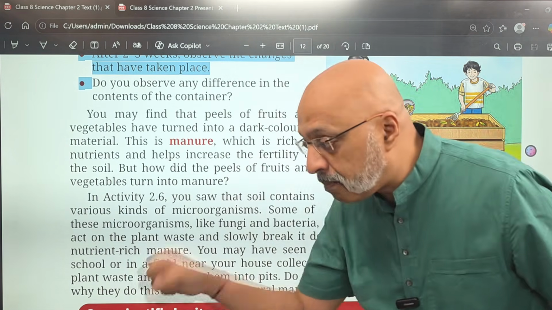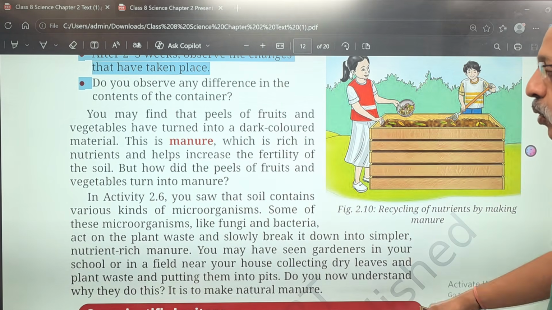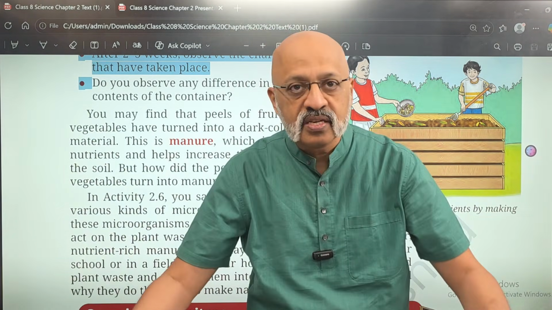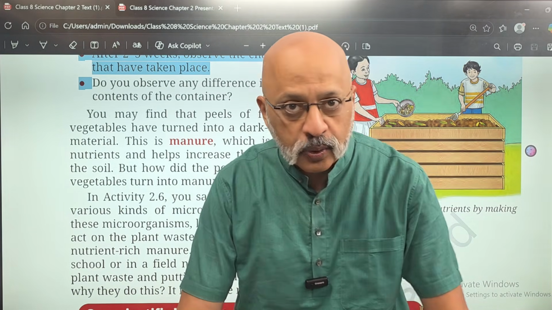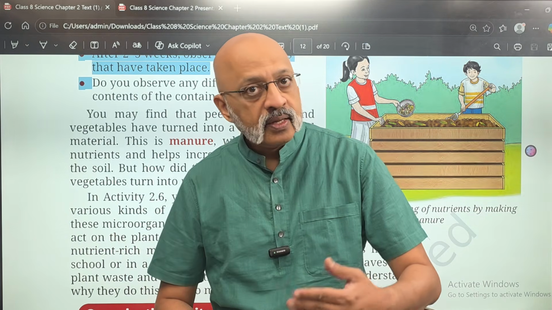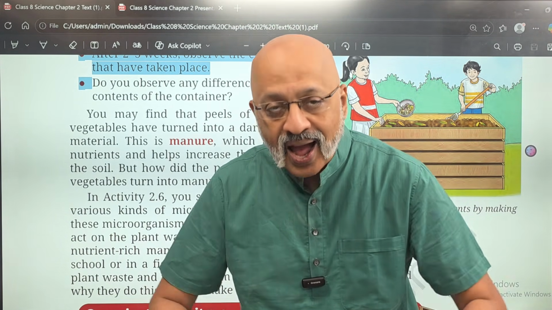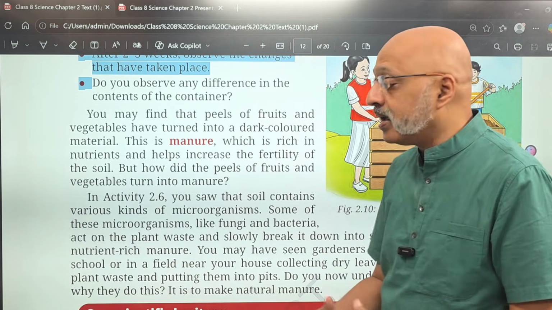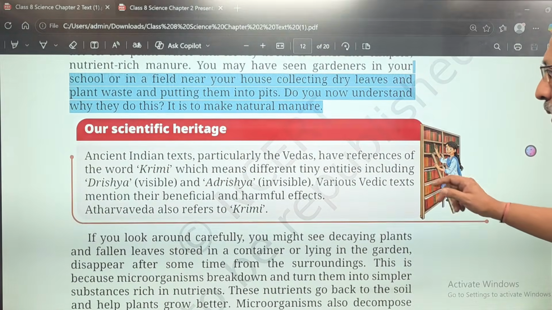You're not mixing chemicals into the soil. So that's what gardeners do. In fact, even in my neighborhood park, whatever trees leaves are shed, he will collect them all together and put them around the plants. Over a period of time, the earthworms, the insects, etc., will keep working on it, and that gets converted into manure for the plant. So this is like original organic manure.